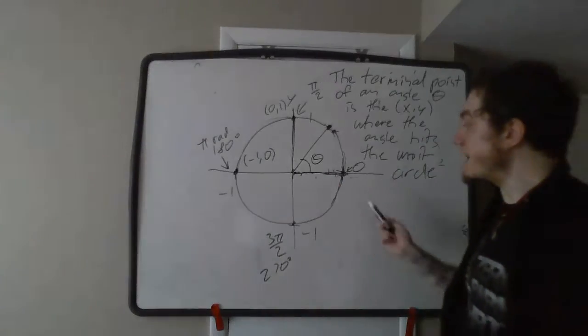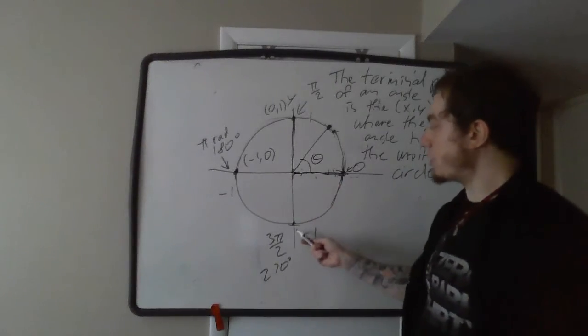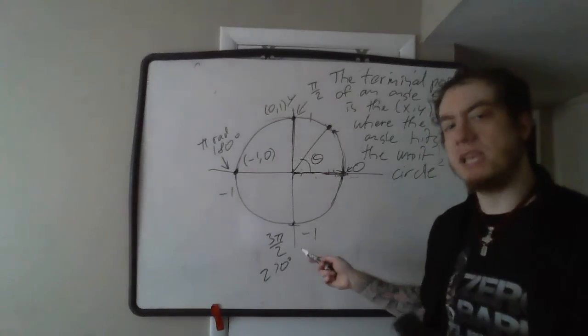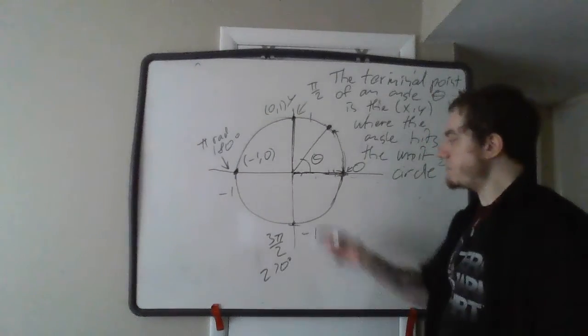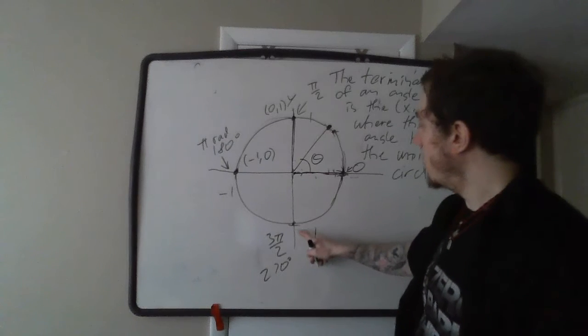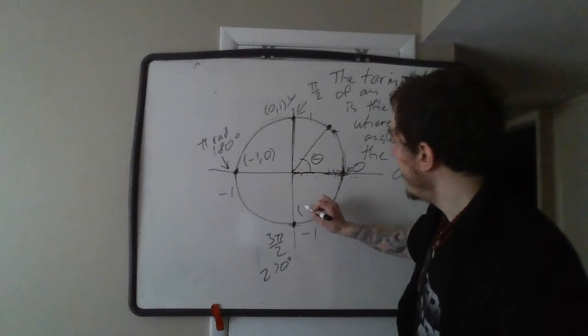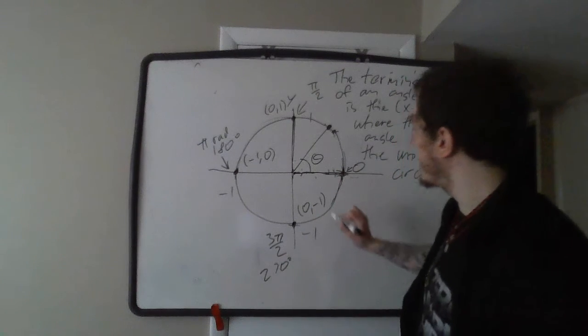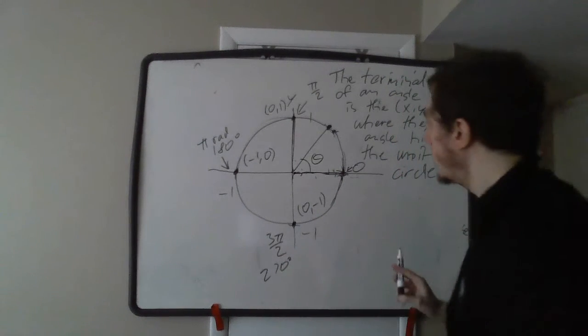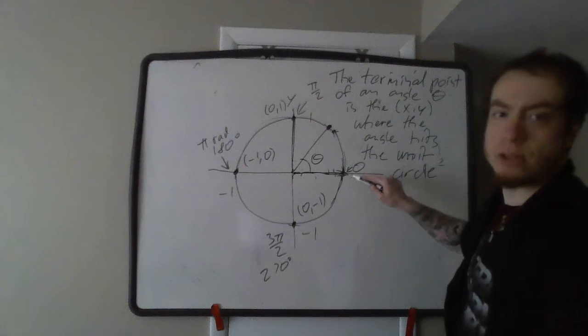So you can probably kind of see the pattern here. What would the terminal point down here be? Take a moment to think about this, and then the answer is going to be, well, down here at this point, I'm going to be at x equals 0 and y equals -1. What about the terminal point for an angle of 0?